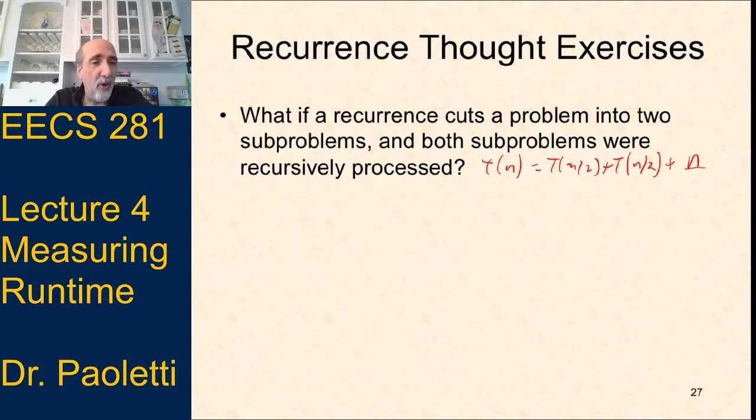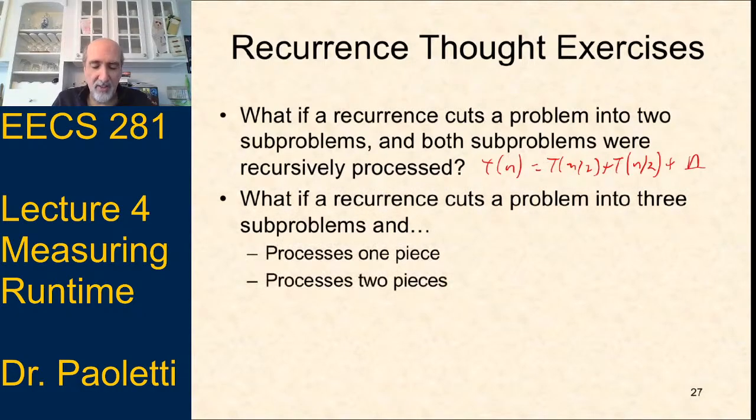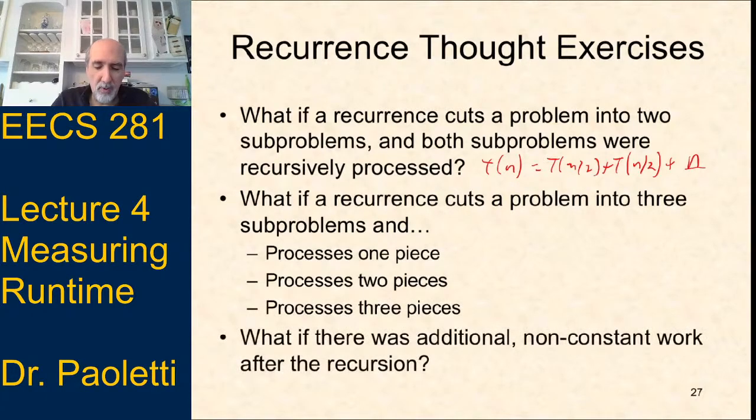There's a better way, though. Next time we're going to learn the master theorem for solving these. Oops, I forgot this was an animated slide. So there's processing 1 or 2 or 3 pieces. What if there was additional non-constant work after the recursion was done?